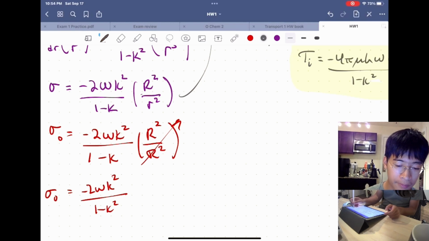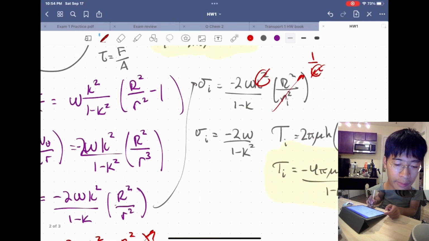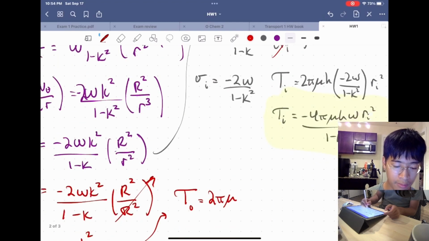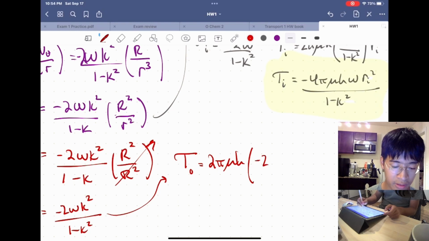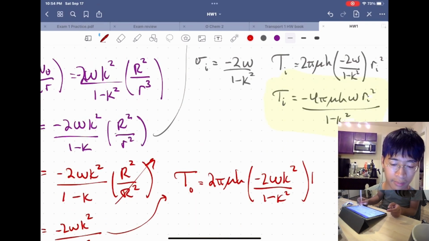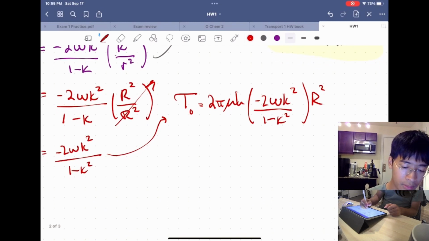So now, let's keep this red. Now we say that our torque at the outer radius, from the expression we derived earlier, is equal to 2 pi mu times height, times negative 2 omega k squared over 1 minus k squared. And this time it's the radius at the outer edge, so big R. Let's gather up our constants, see if that helps.